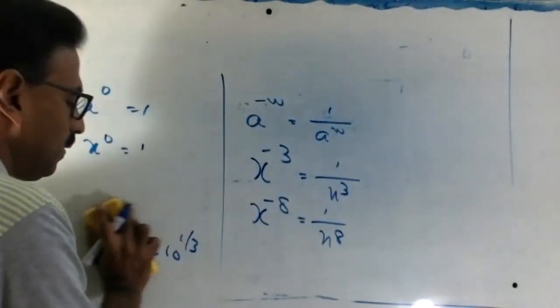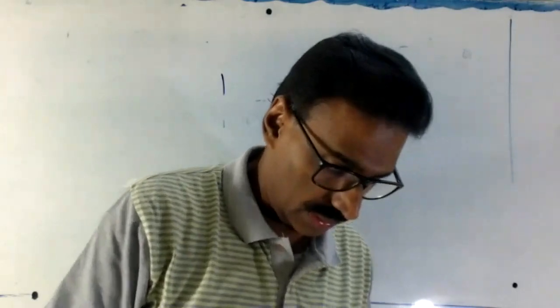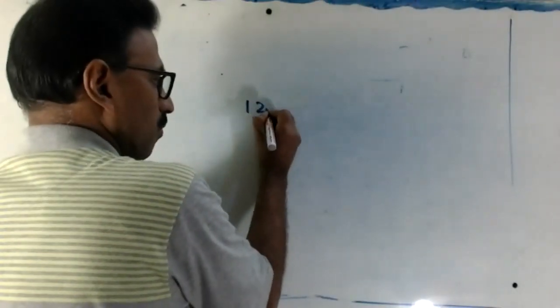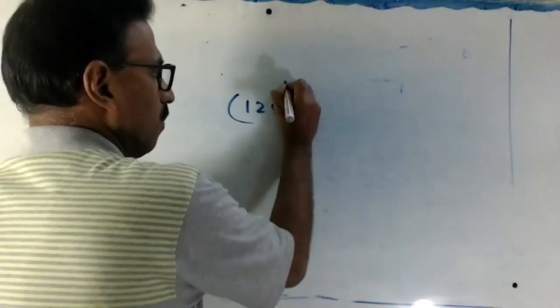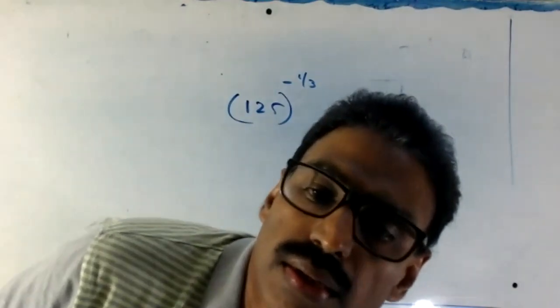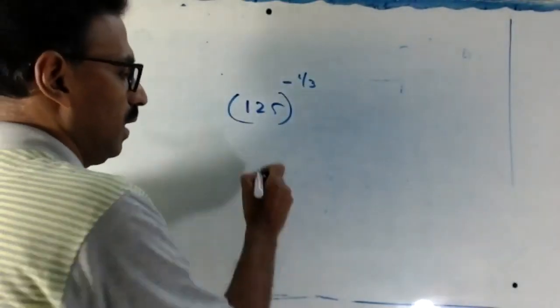So, like that, we did 3 questions. Third question I'll explain here. Look at here. Simplify 125 whole raised to minus 1 by 3. Listen. Look, 125, 5 cube.